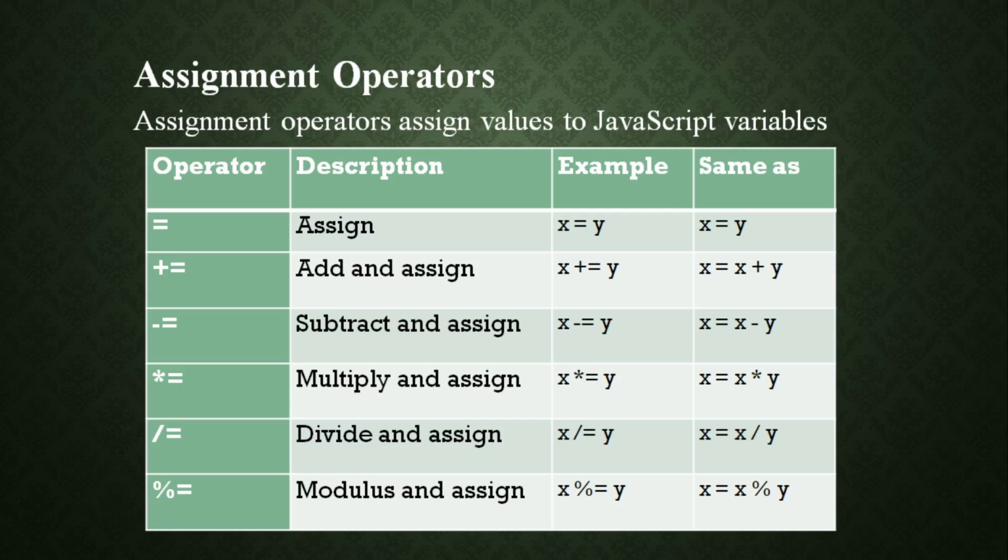See in this example, plus equal to, add and assign. x equals x plus y is similarly written as x plus equals y. This is called shorthand notation. Similarly, subtract and assign, multiply and assign, divide and assign, modulo and assign.